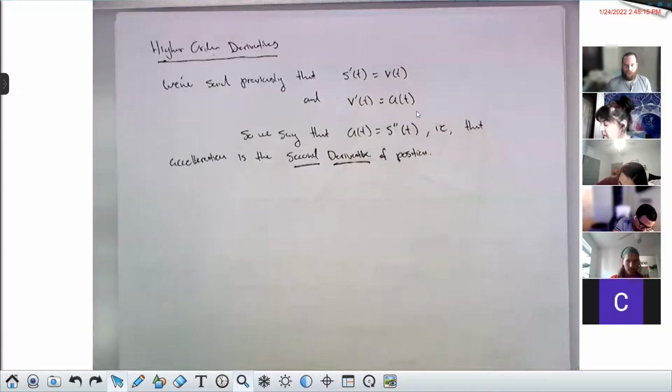And you can do this with any function. Right? If you take the derivative, we've learned that that gives you a new function.